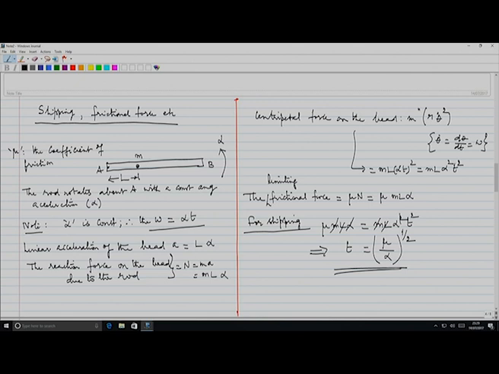Second, as the bead moves along the rod, there is a reaction force on the bead due to the rod, and also a centripetal force on the bead. For slipping, the limiting frictional force must be equal to the centripetal force. Till then the mass will remain on the rod. After that it will slip off.